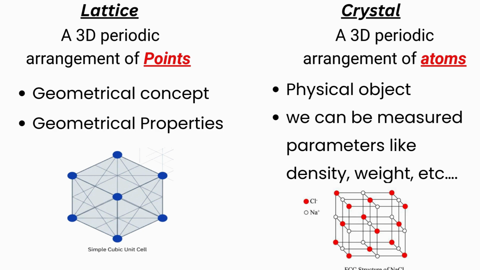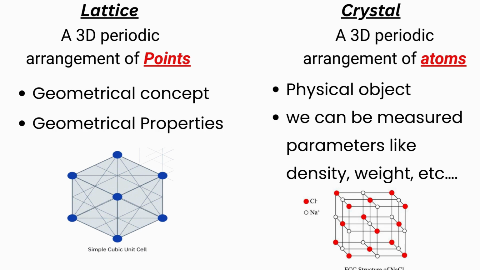In the first slide we also saw this definition, which we generally use to define a system. So it is a geometrical concept: a equal to b equal to c is the length, and alpha, beta, gamma represent the angles between these lengths.